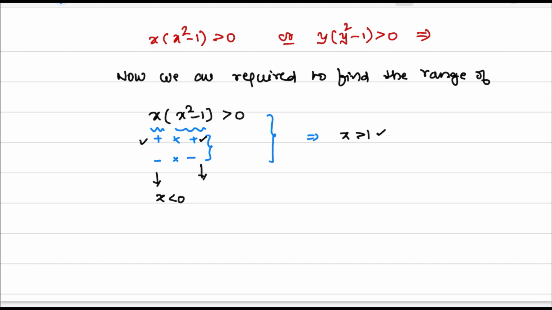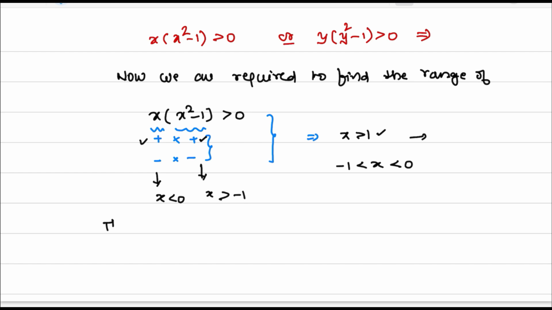Hence, there are two ranges. One is x is greater than 1 and another is minus 1 is less than x less than 0.